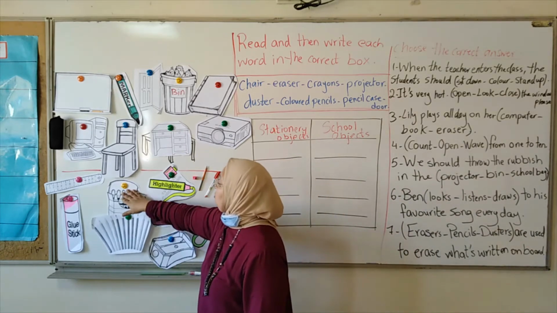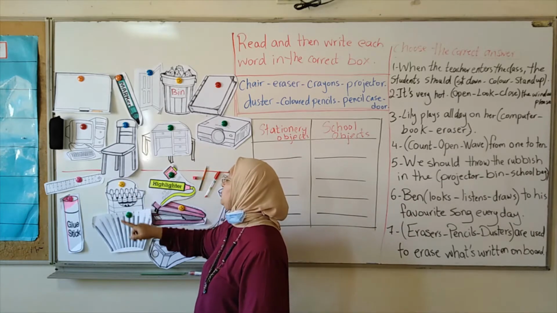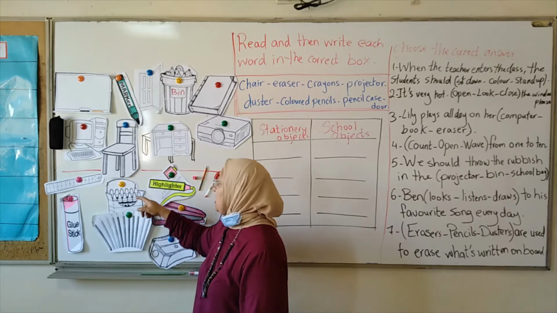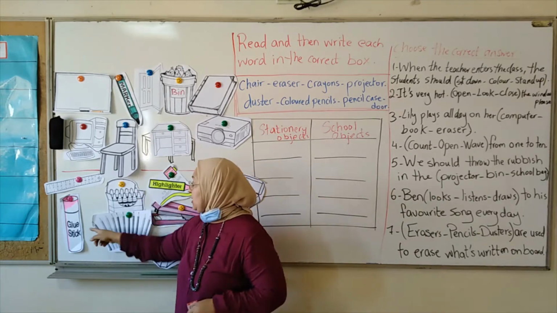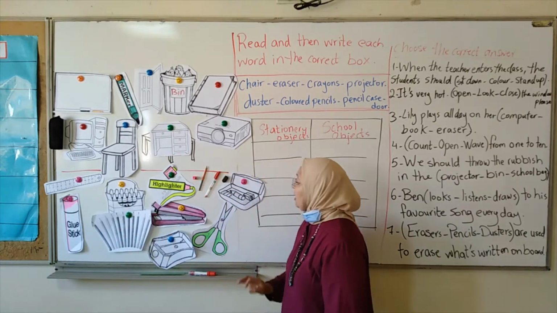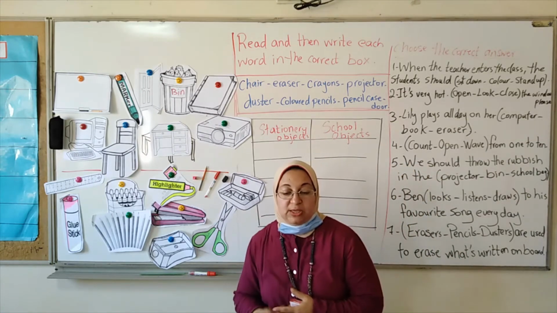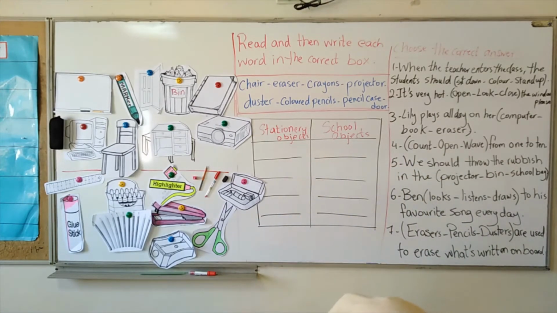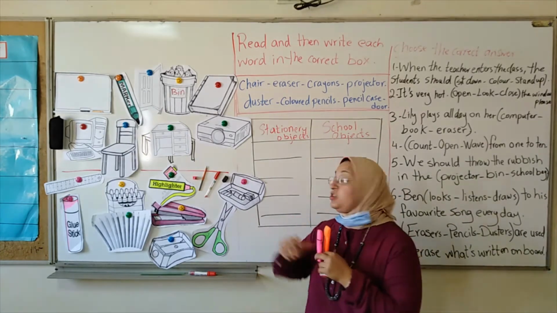And also I can use the crayons and colored pencils. Crayons, colored pencils. Glue stick, ruler. Okay? All these things we call them stationary objects. And also we said, don't forget the highlighters and scissors.